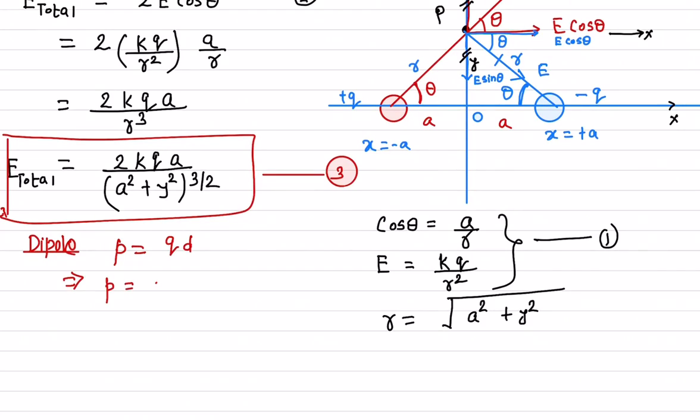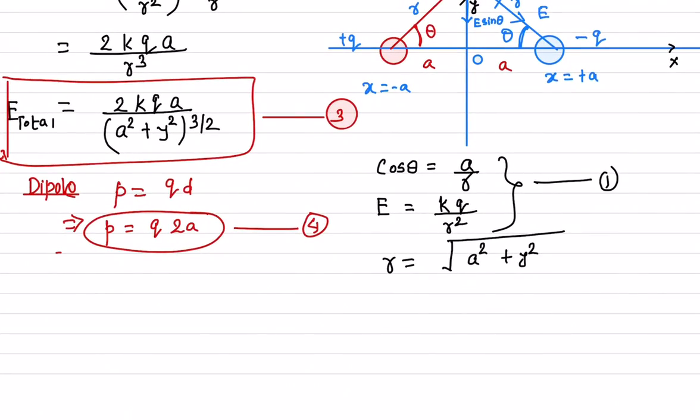In this case, the charge is Q and this distance is a, this distance is a, so the total distance is 2a. So our dipole moment will be P equals 2qa. Now let's plug this equation 4 into equation 3.